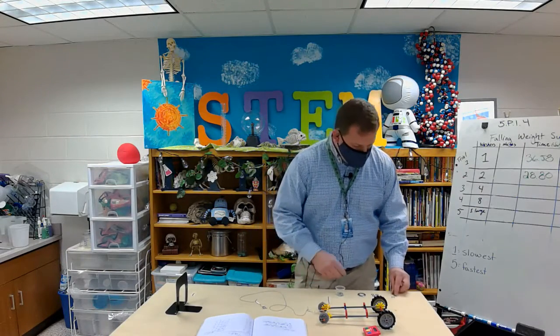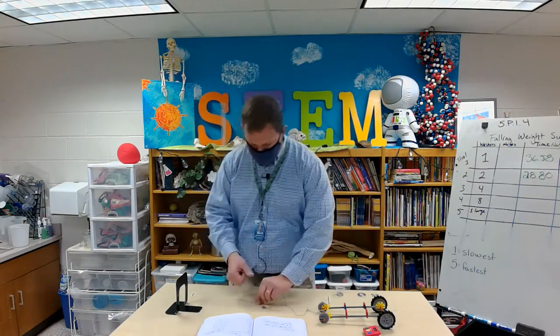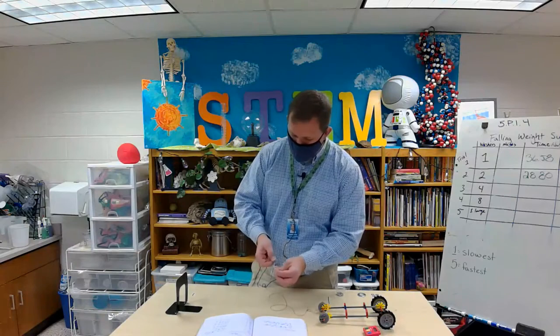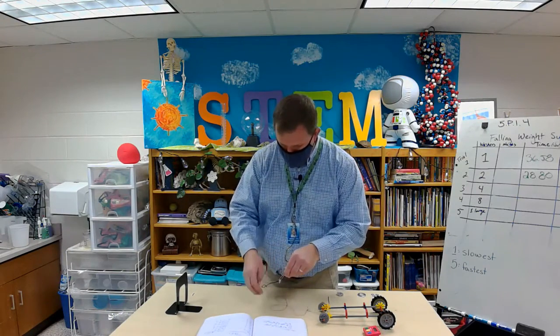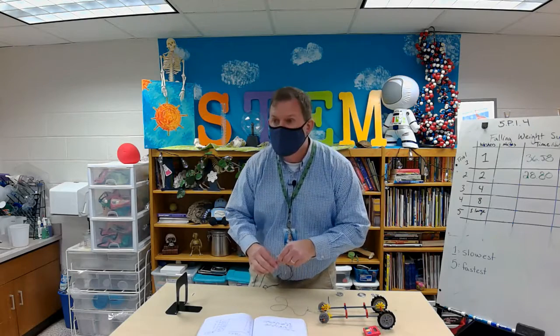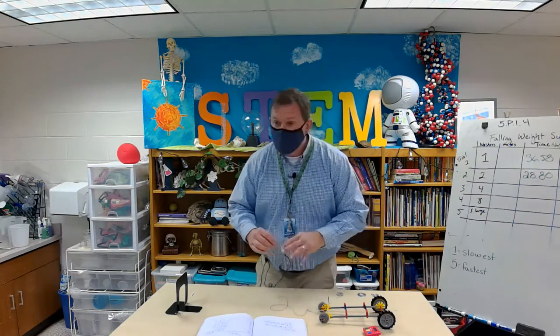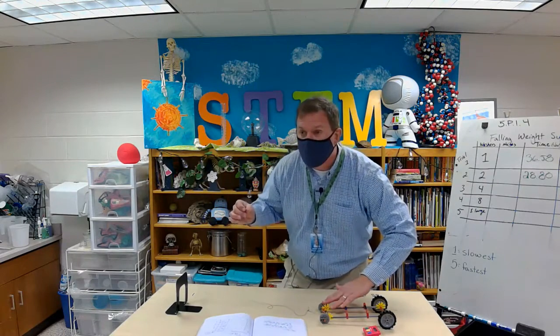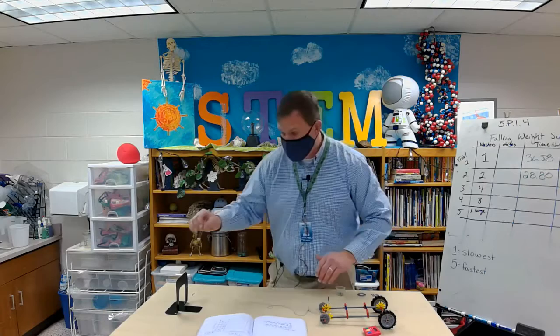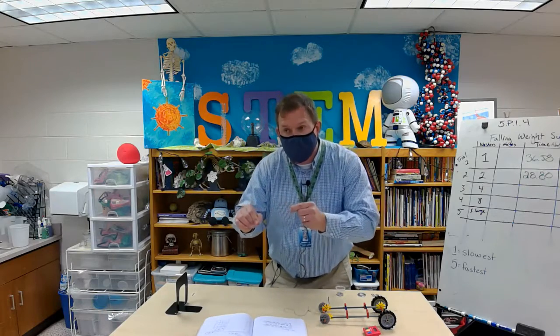Now we're moving to adding 4 washers to our hook in our falling weight system. We've talked about friction with our surface in between parts of our vehicle. There is a little bit of friction too with the string on the table.